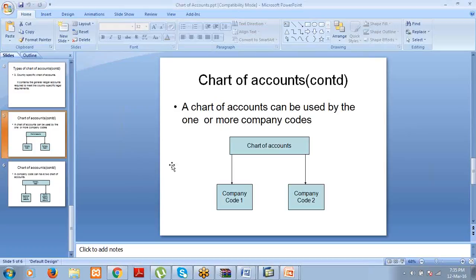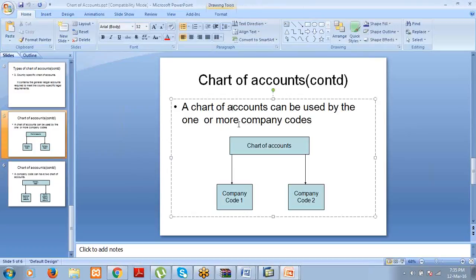Yes. See, a chart of accounts can be used by one or more company codes. In simple words, the chart of accounts will determine the structure of the GL accounts and the nature of the GL accounts. Several company codes can use the same chart of accounts.